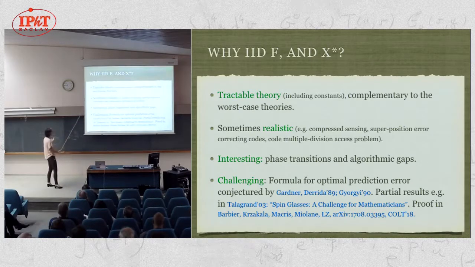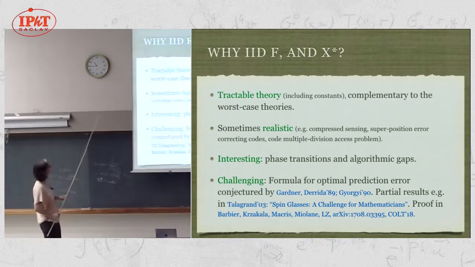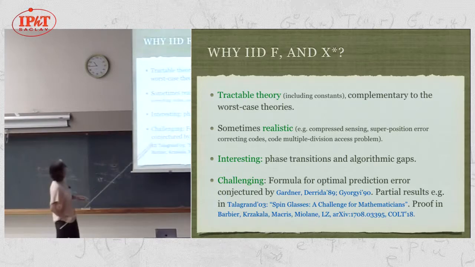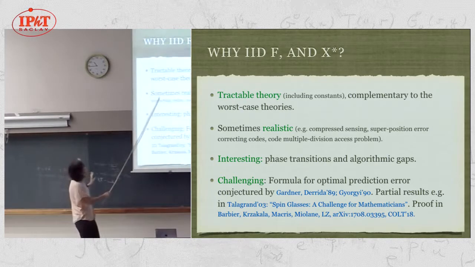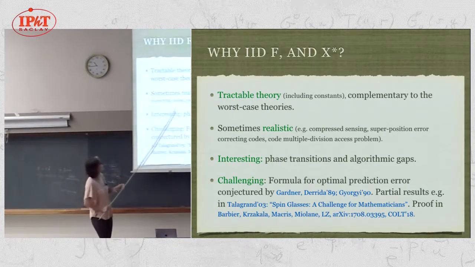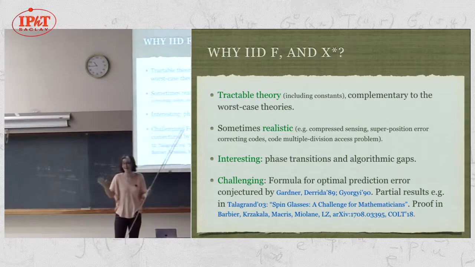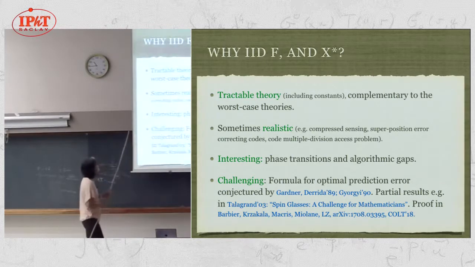Nevertheless, I insist that this model is interesting to study for at least these 4 reasons. So first of all, we can write a tractable theory. In statistics, they also, of course, have theory, but it works in different regimes. If we want to include constants, such as the phase diagrams we are getting from the replica method, basically there is no math that is able to do that at this point, except the math proving the replica theory.